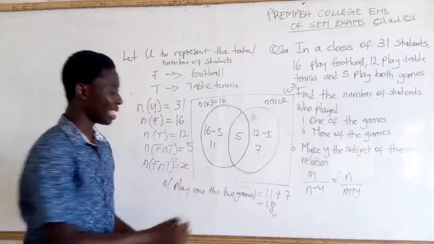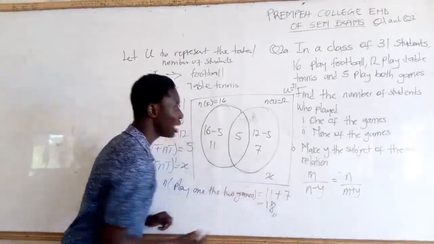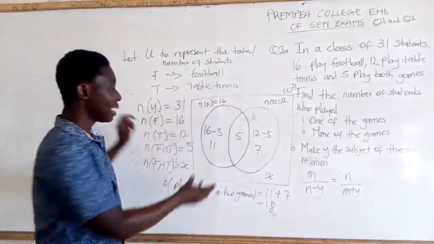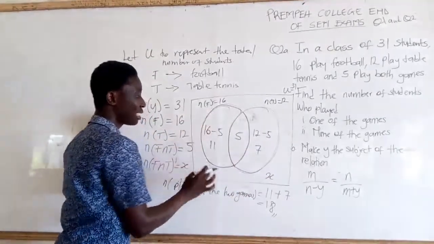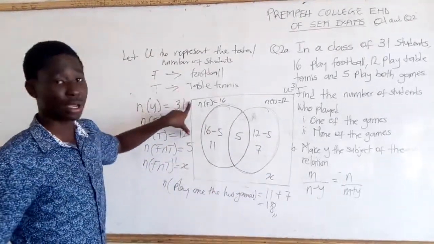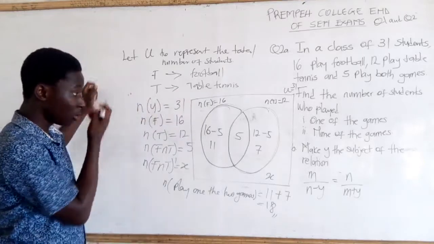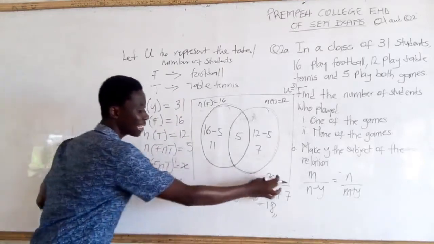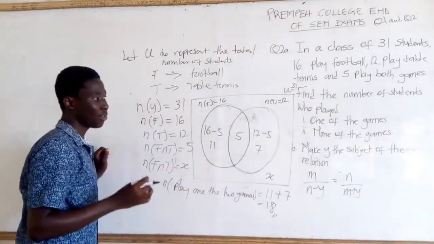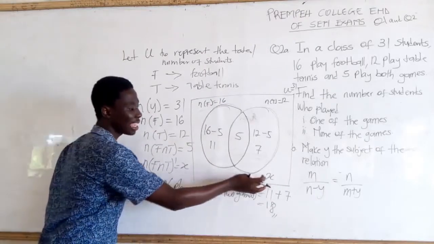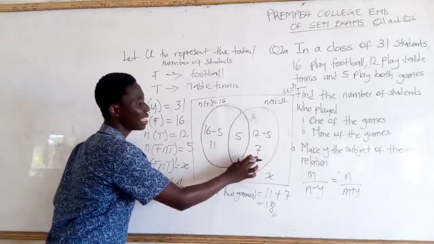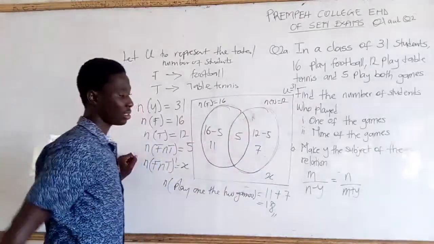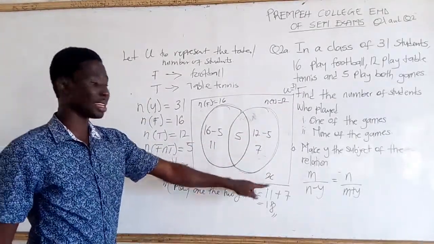The complement is anywhere around the circles, but it should be inside the square. Before we can find x, we need to add x to 11, 5, 7, and then equate it to 31.